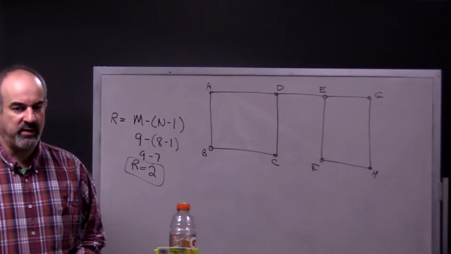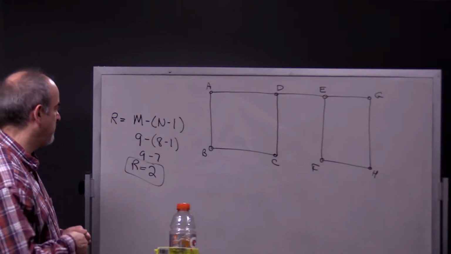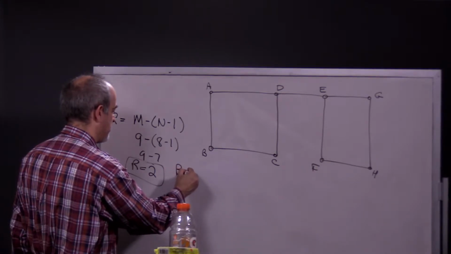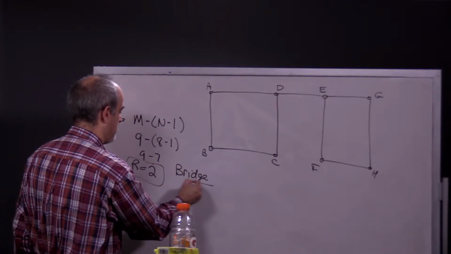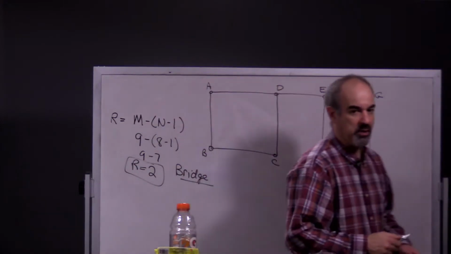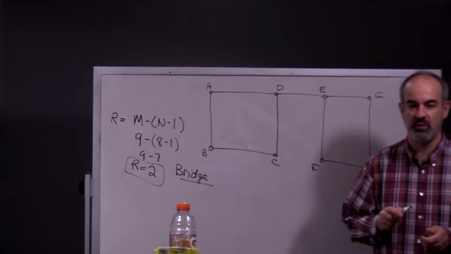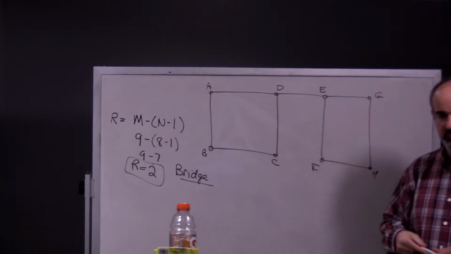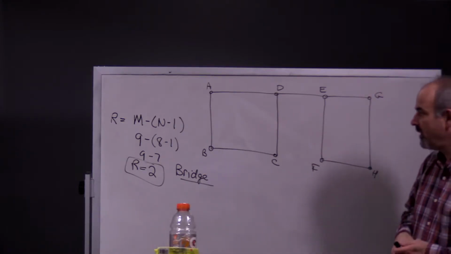Another thing that might figure into a formula would be the number of bridges. A bridge, I mentioned it in a previous video, is an edge that if you delete it, the graph is no longer a connected graph.